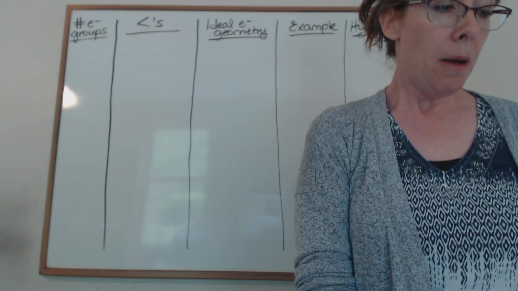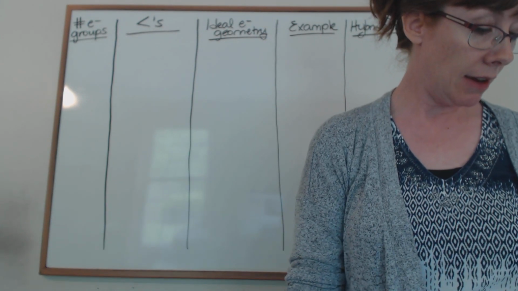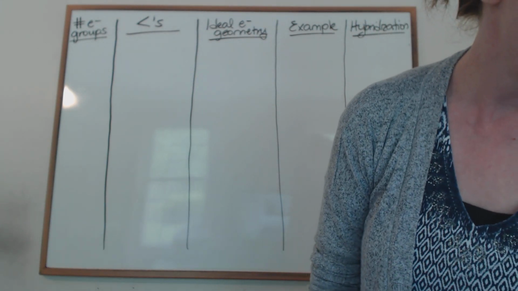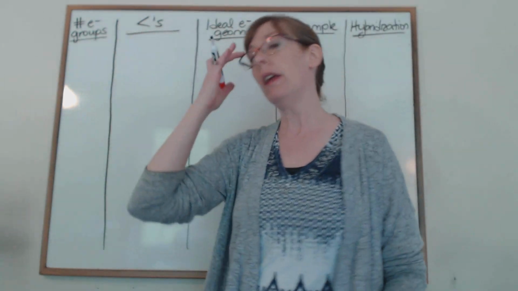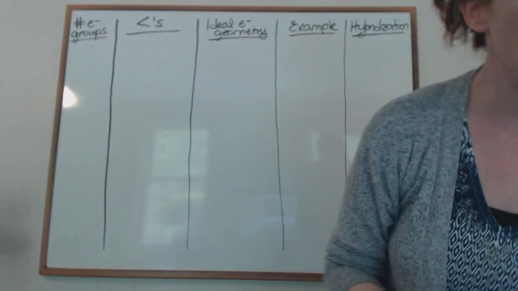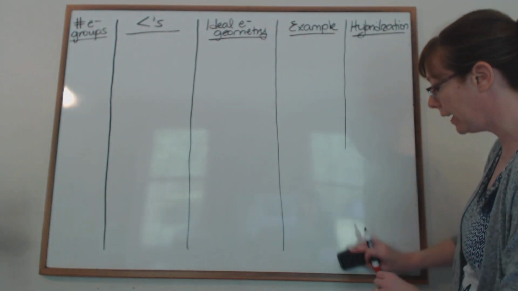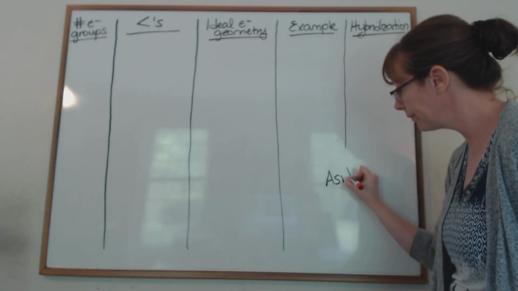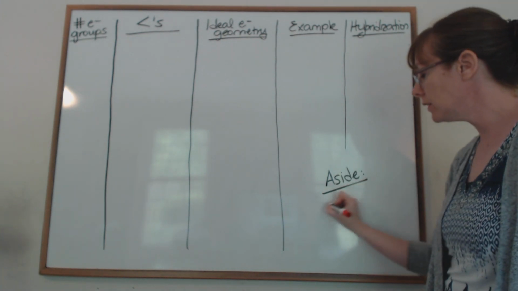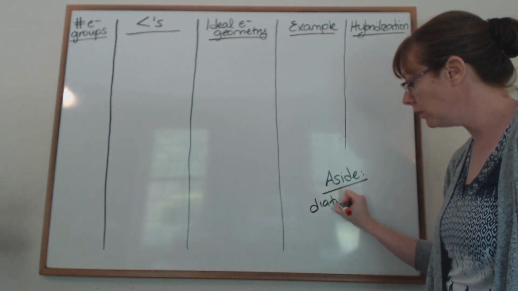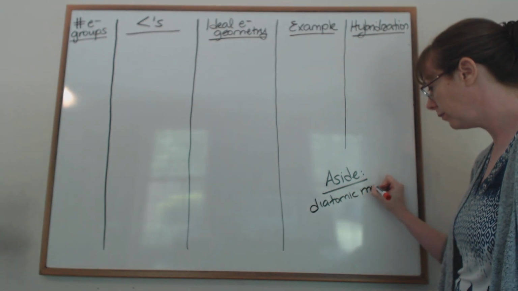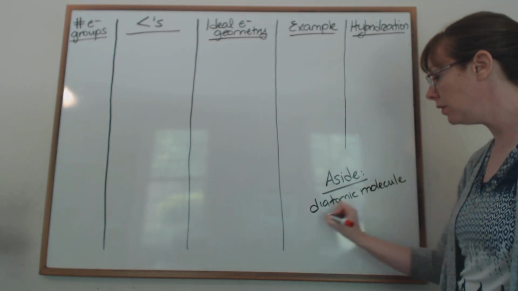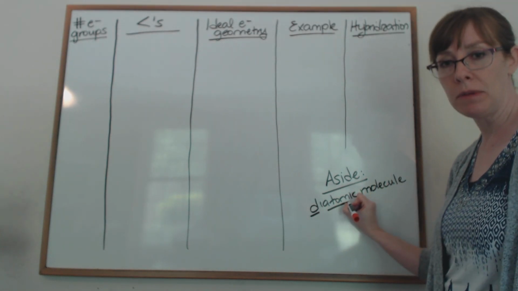So let me just make sure I'm saying everything that I want to say. Okay, so if you have, actually, you know what? Before I do this, let me do one quick aside. If you have what's called a diatomic molecule, a diatomic molecule is just a 2-atom molecule.